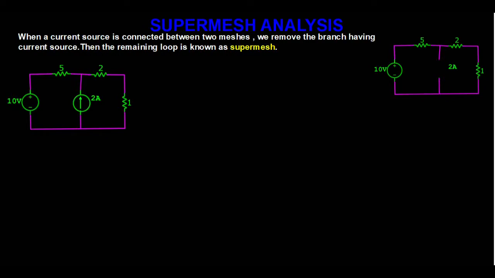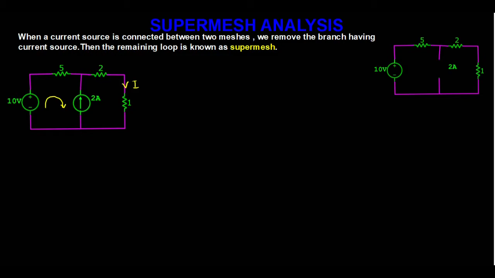Supermesh analysis. When we use supermesh analysis, we are definitely using it for a mesh analysis, when a current source is connected between two meshes. If we see this circuit, the question is that we have to find the current I flowing through the 1 ohm resistor.